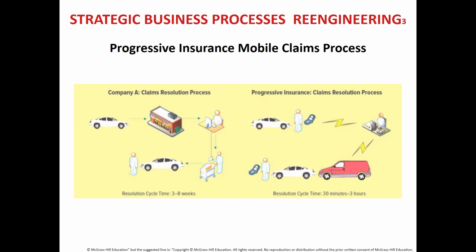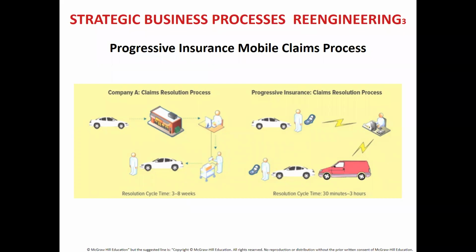Once they process it, they'll tell you, okay, we'll alert you when to take your car to that particular garage or to the particular company to get your car fixed, and your car is fixed after certain months or certain weeks and so forth. Now, the time from which you lodge the form to the time your form is approved in the old procedure used to take close to about 3 to 8 weeks.